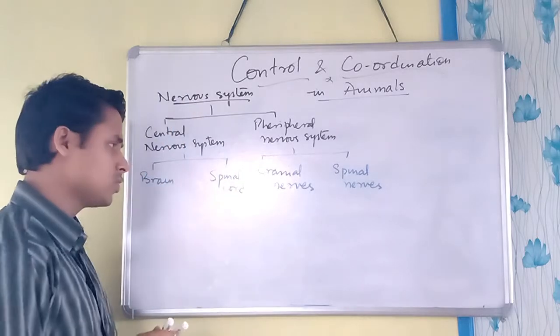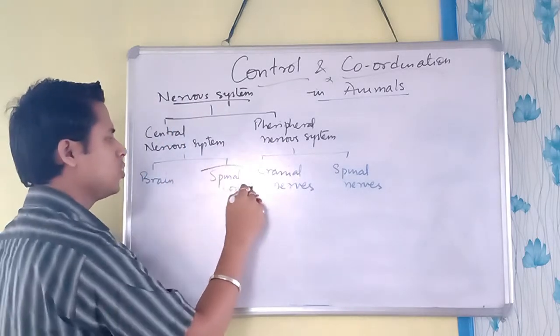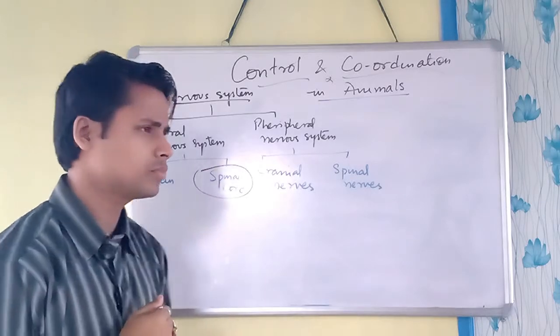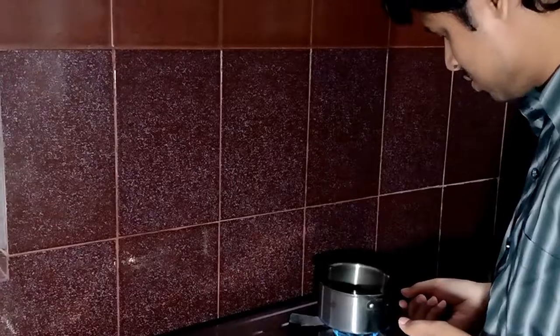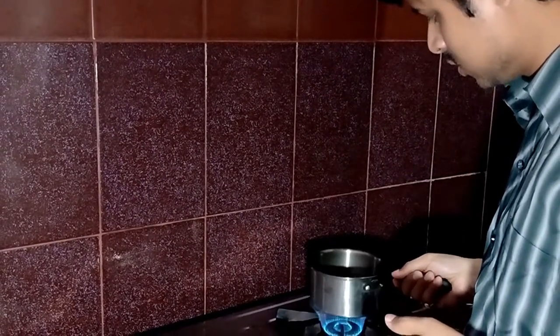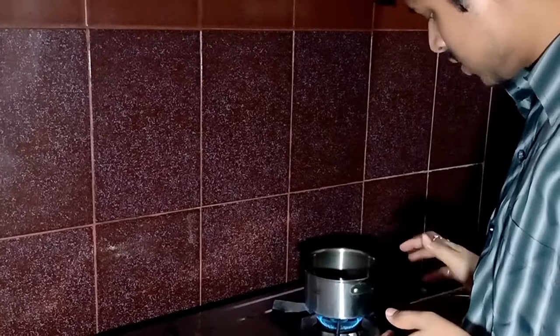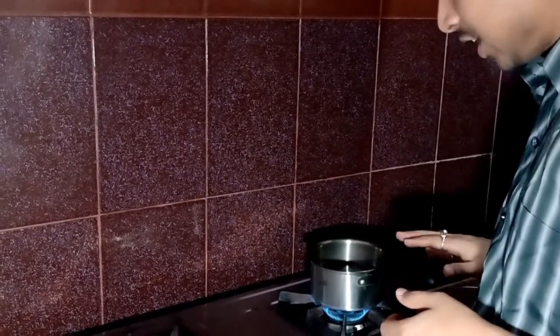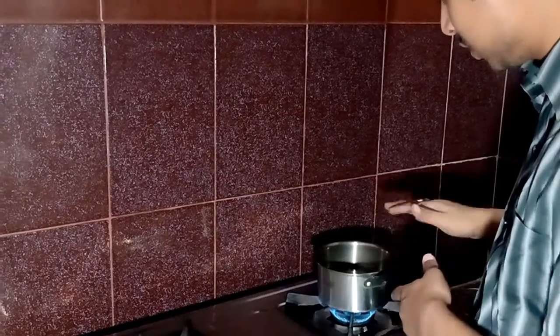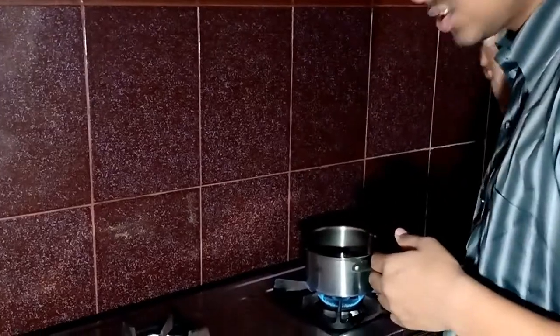In the central nervous system, first we will see how the spinal cord is working, right? What happens when you unknowingly touch a hot vessel? You just pull back your hand, right?